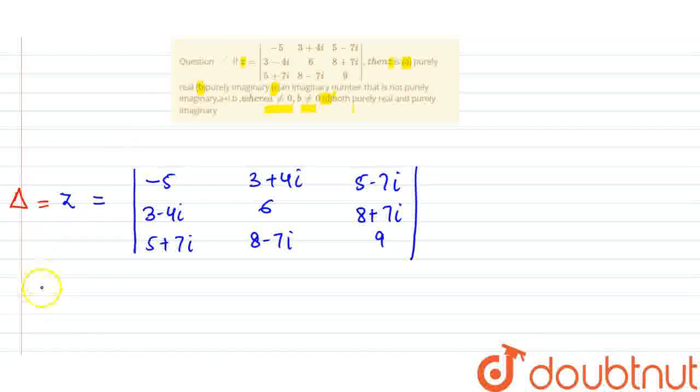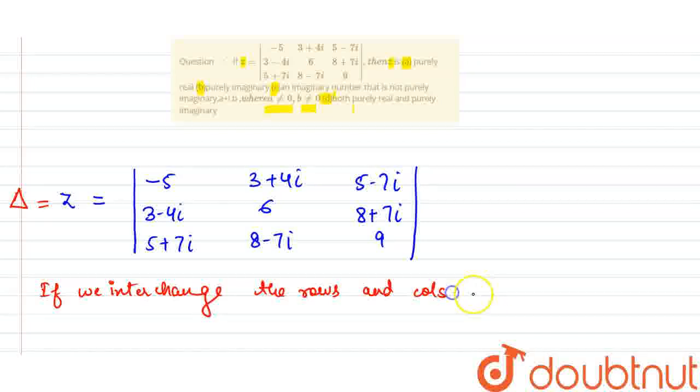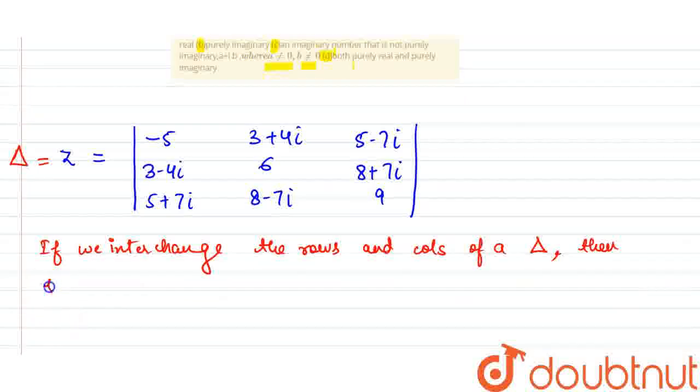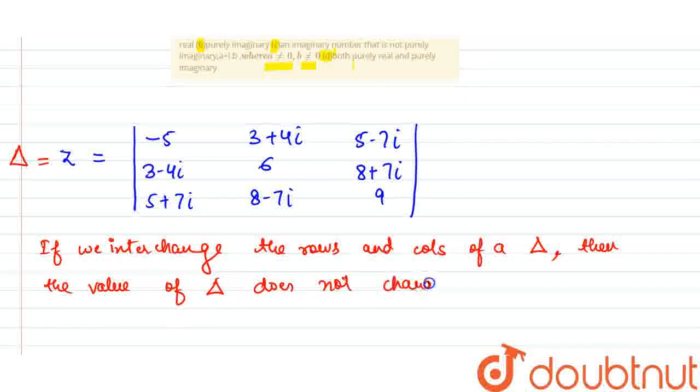Now by the properties of determinant, one of the properties says that if we interchange the rows and columns of a determinant delta, then the value of delta, that is the determinant, does not change, or it will remain the same.